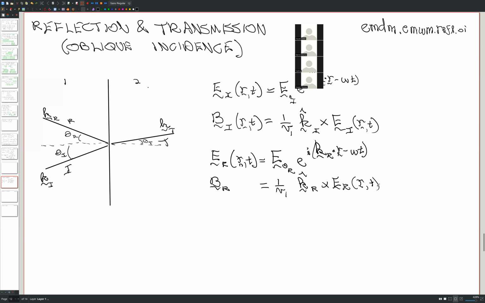And for the transmitted wave, you'll have guessed it, E transmitted and B transmitted are really the same kind of thing, except that again I just have to use k transmitted dot R, and here I need to use the velocity in the second medium.